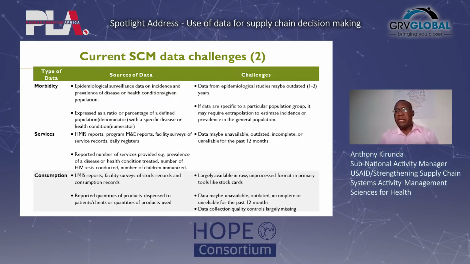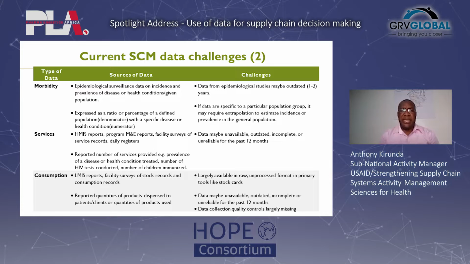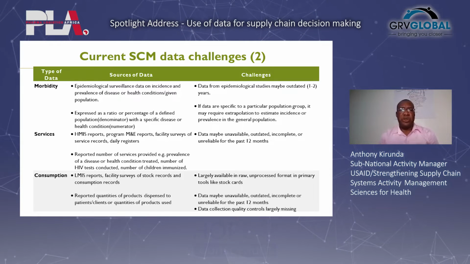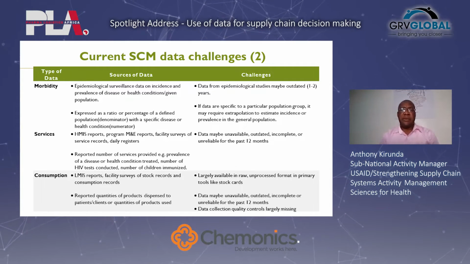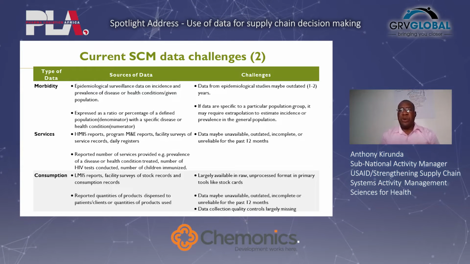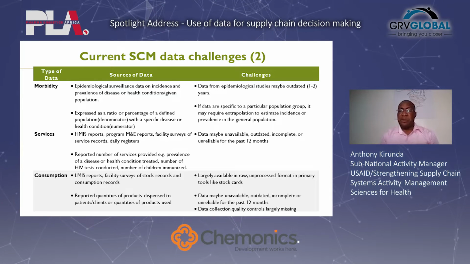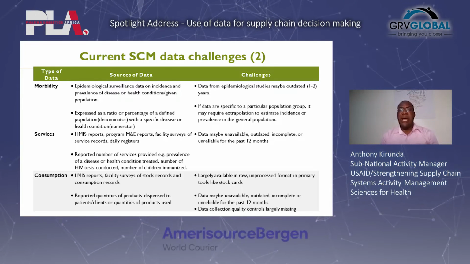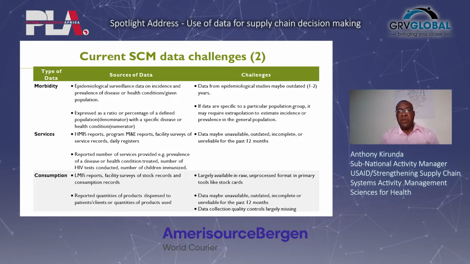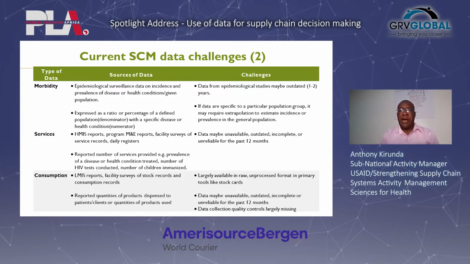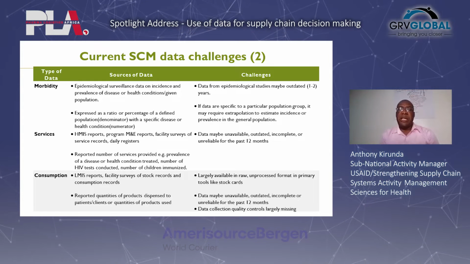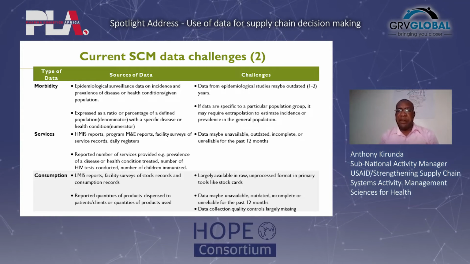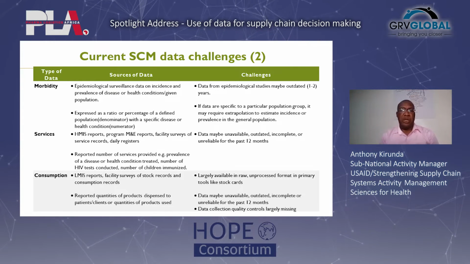Sometimes we also use demographic mobility data, which talks to epidemiological surveillance and incidence reports. These also can be outdated, and they may not be exactly accurate because they use a few areas to make an inference for the whole population.